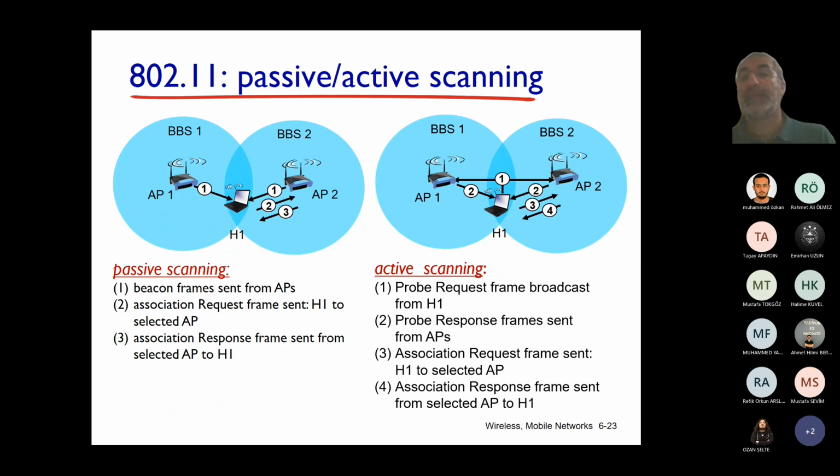Then the access points around host 1, such as AP1 and AP2, receive this broadcast, and probe response frames are sent from the access points in the second step. Then host 1 is going to select one of these access points. An association request frame is sent from host 1 to the selected access point. And the selected access point sends a response, which is called the association response frame, to host 1. Then the channel scanning mechanism is done.